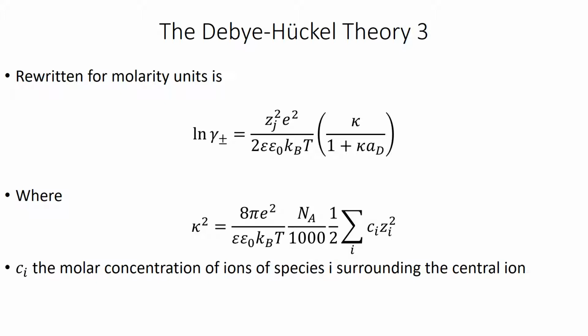And instead of Ni, you now have Ci, the molar concentration of ions or species i surrounding the central ion. And you can do this for molality, where instead of concentration in terms of moles per liter, you can do moles per kilogram. This naturally changes ever so slightly your values for kappa, but that's the basic idea.